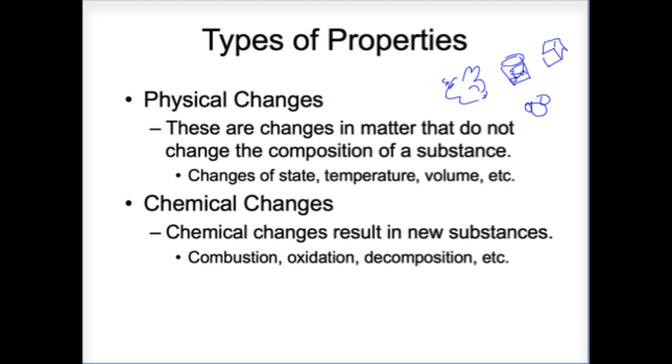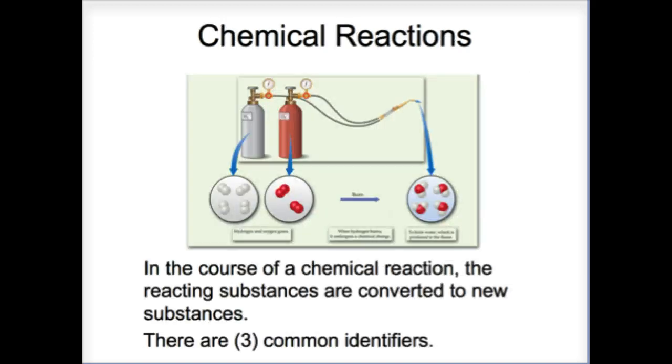Whereas with a chemical change, I get something completely different, something that wasn't there before. And all chemical changes have three common identifiers. The first, we see the production of a gas. We see the production of a precipitate.